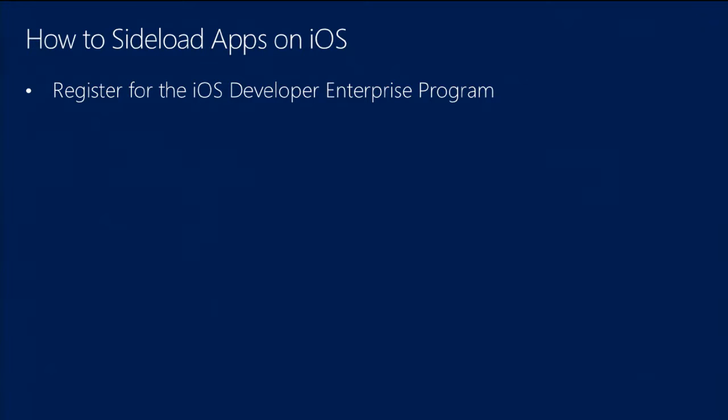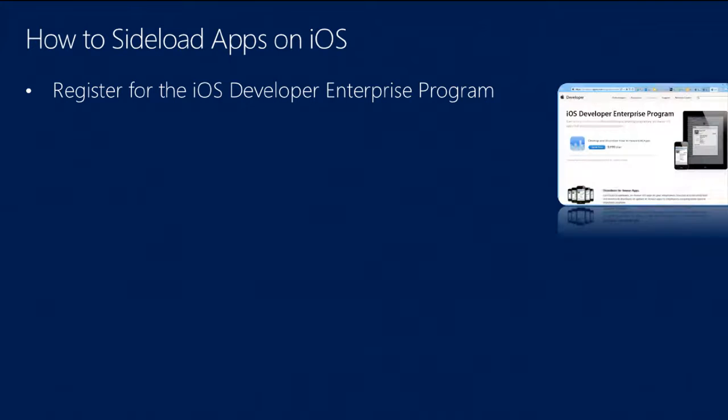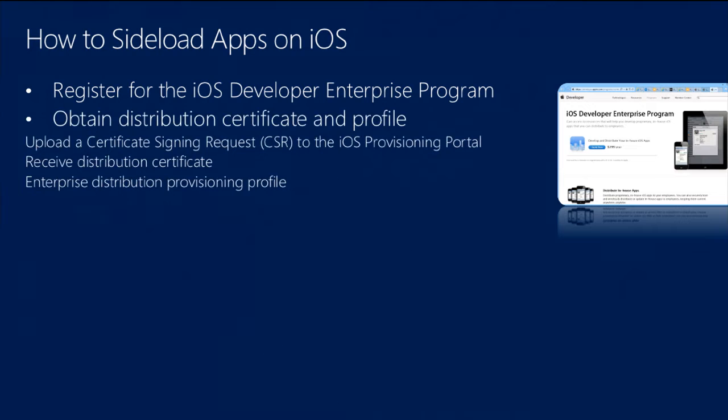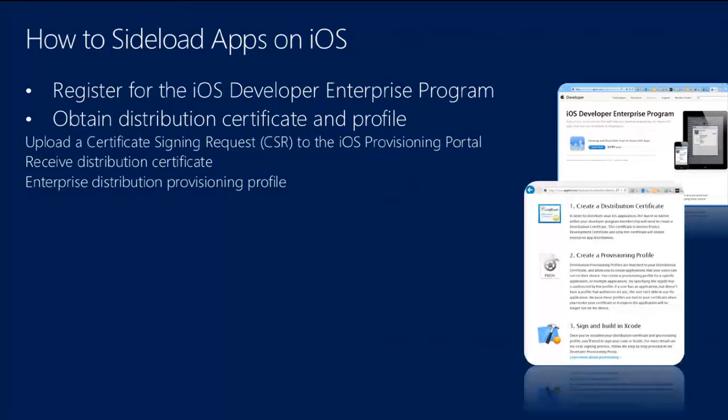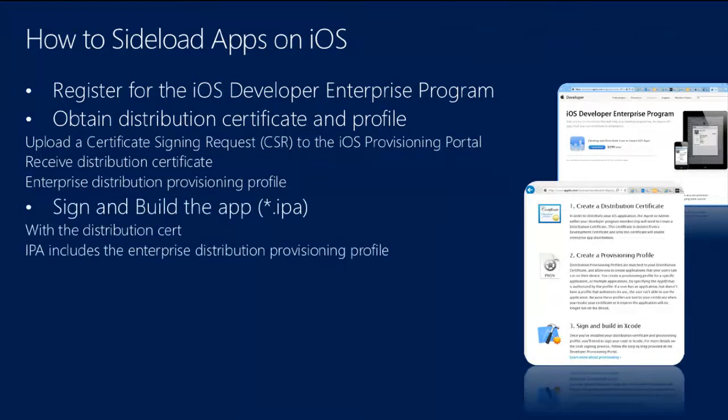On iOS, some of the prereqs, so this is more of an informational slide, it has a lot of details on how you can sign up as an iOS developer. What you essentially need to do is any line of business iOS applications that you create, you have to get them signed. So this slide goes over the process. You have to obtain a certificate signing request.